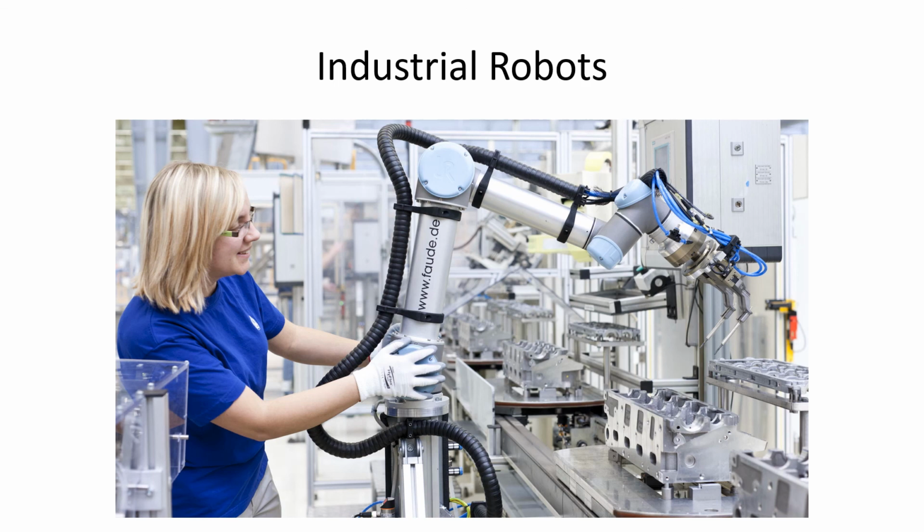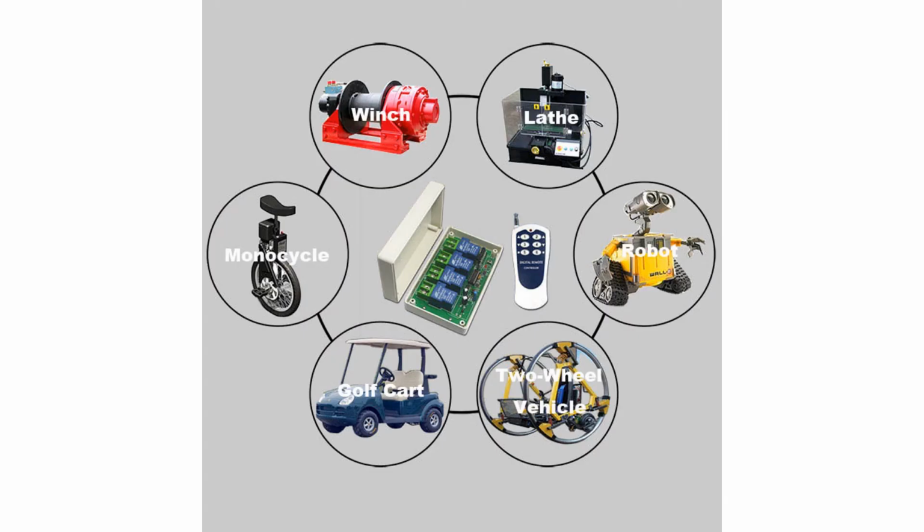Industrial robotics, industrial automation, we all talk about industry 4.0, but moving motor and controlling the speed is very crucial. Monocycle, winch, lathe machine, robots, two-wheel vehicle, golf cart, everywhere DC machines are used.